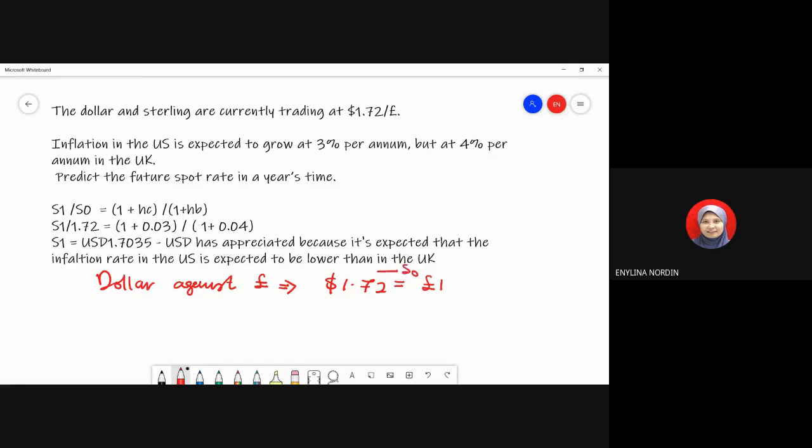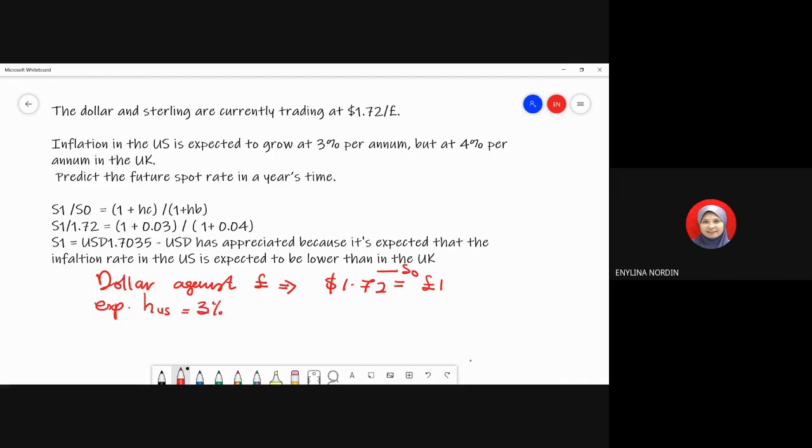Then it is given that the inflation rate in the US is expected to grow at 3% per annum. So the expected inflation rate in the US, which is the foreign country, is 3% per year.